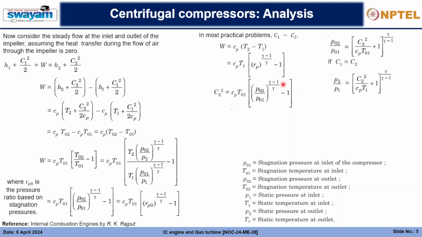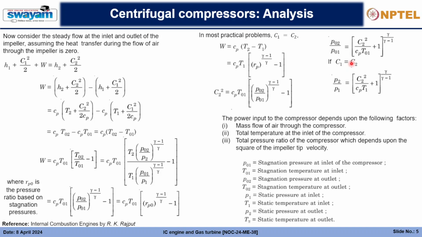We'll equate this and we'll find the stagnation pressure ratio equal to C2 square divided by Cp into T naught 1, plus 1, whole to the power gamma by gamma minus 1. And if C1 is equal to C2, then simply P2 by P1 will be C2 square divided by Cp T1 plus 1, whole to the power gamma by gamma minus 1.